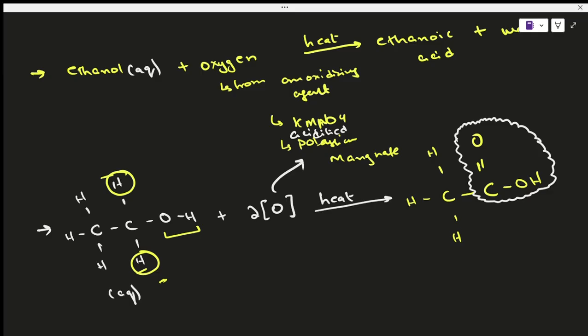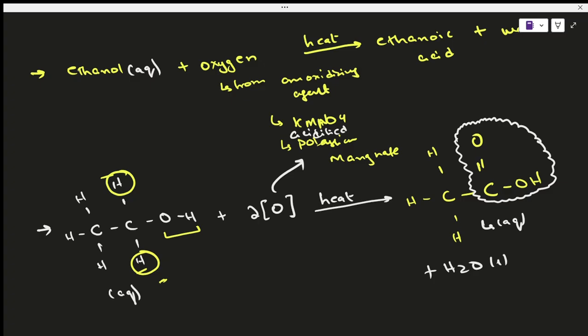So what's happening? You're starting with an alcohol molecule, reacting with oxygen from an oxidizing agent, which is an oxidation reaction. The alcohol gets oxidized, and you're forming a carboxylic acid molecule and water, plus H2O, which is going to be in liquid state, and the acid is going to be in an aqueous state.